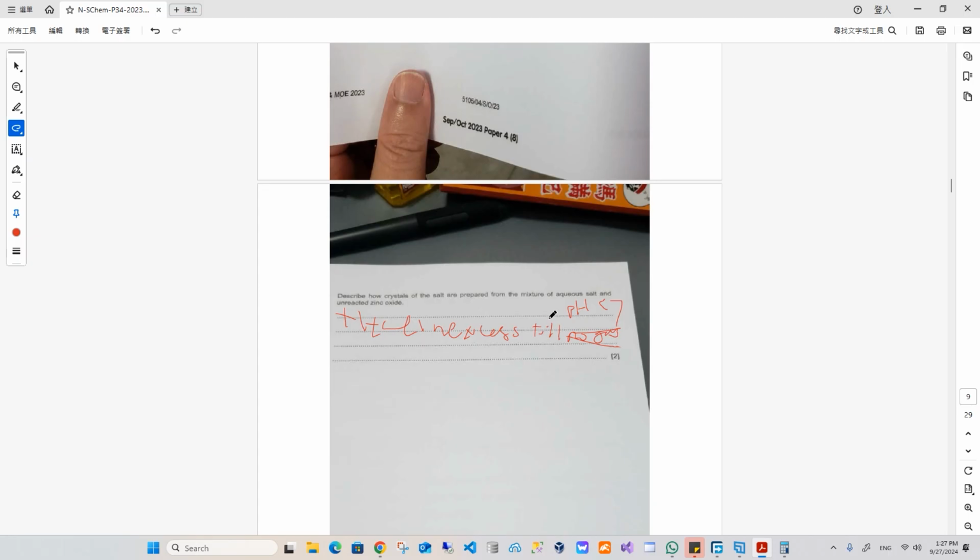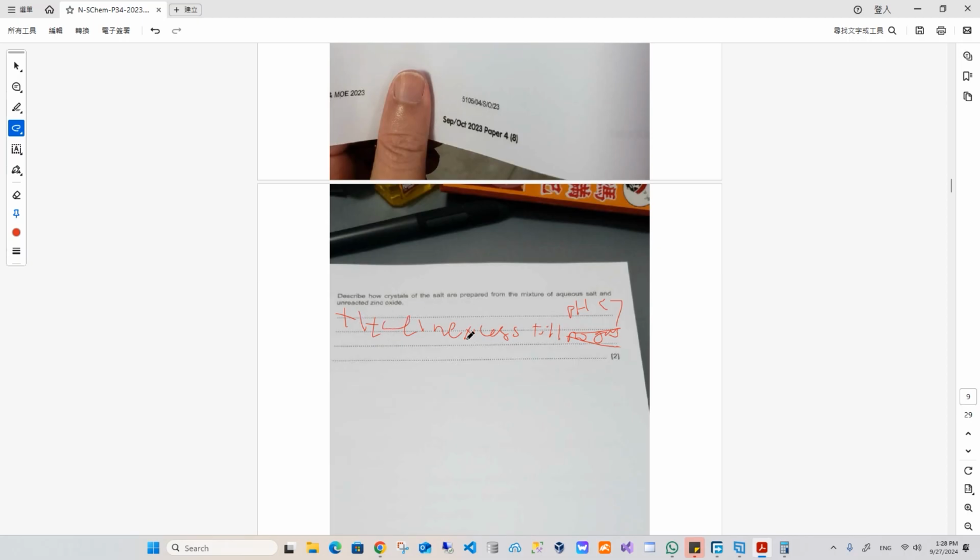Is there any better way to do that? Okay, I'll just do a quick way. I got no time to think too much. So I add excess HCl until the whole solution turns acidic, because if I still have zinc oxide, it will still keep neutralizing my HCl.